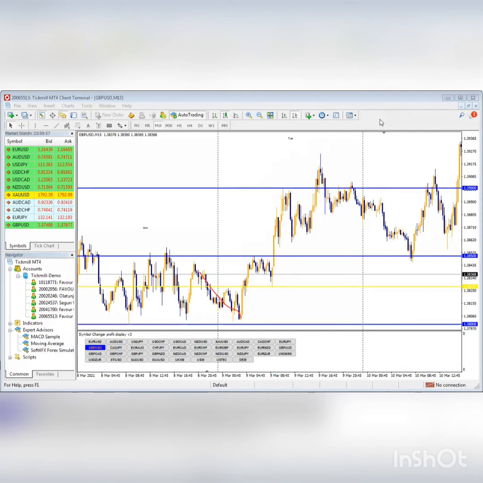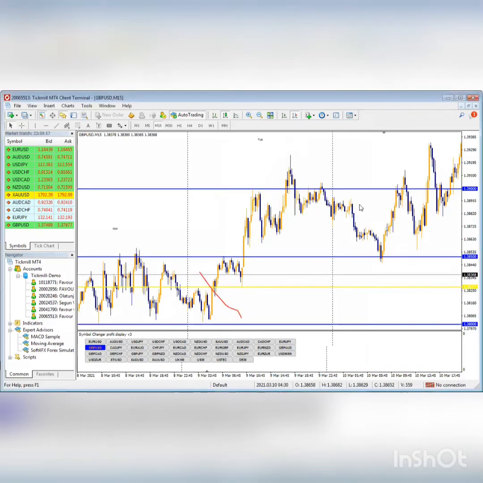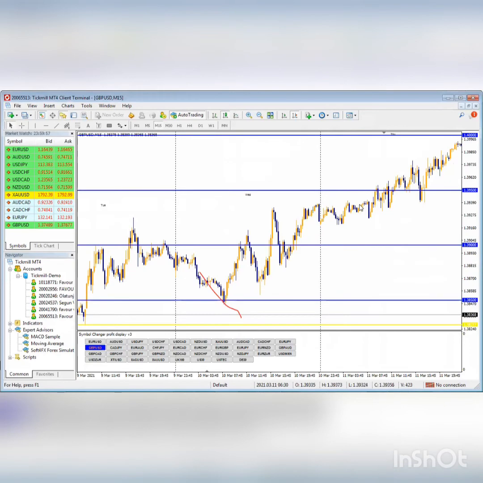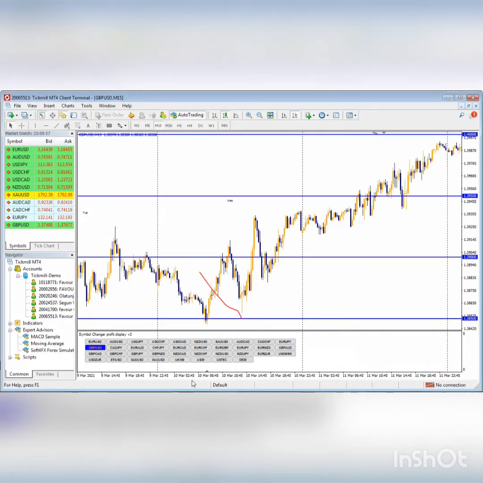Let's look for another example. Let's make use of this one. Okay, so the market gave us something like this. It was a high and a low.